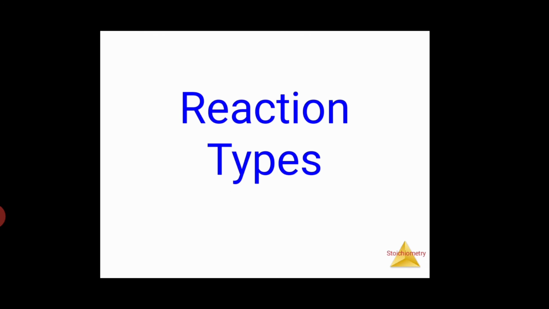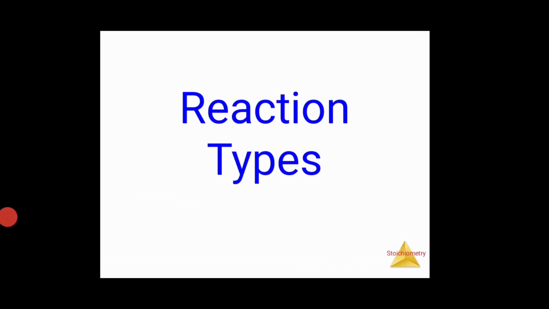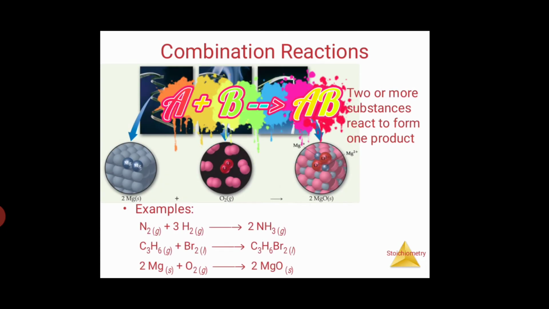So we have the different reaction types. We have here the combination reactions. This is when 2 or more substances react to form one product.